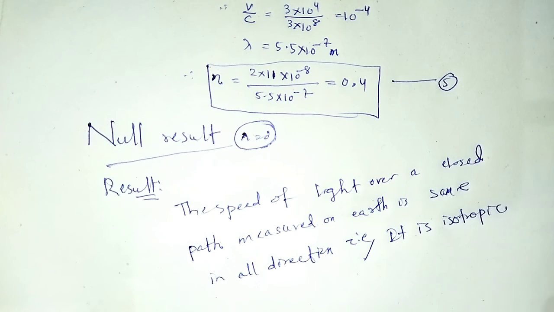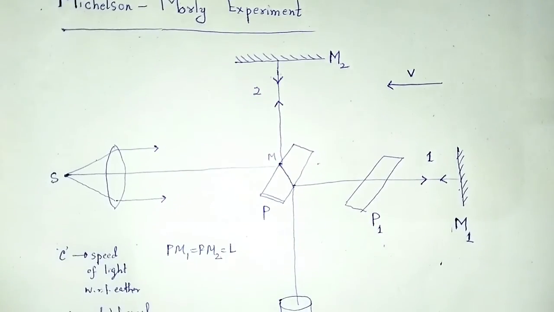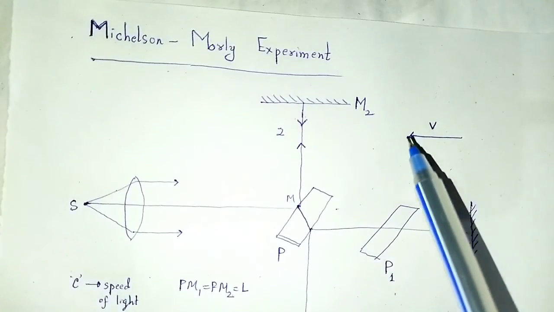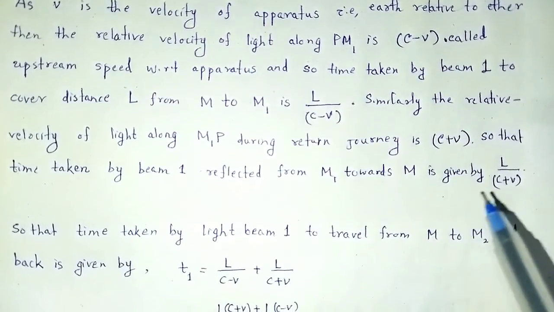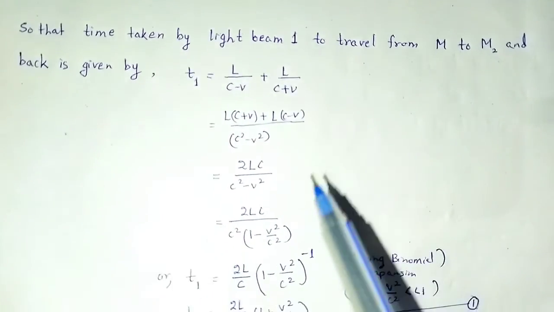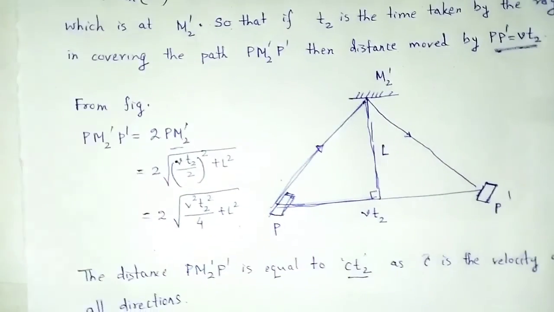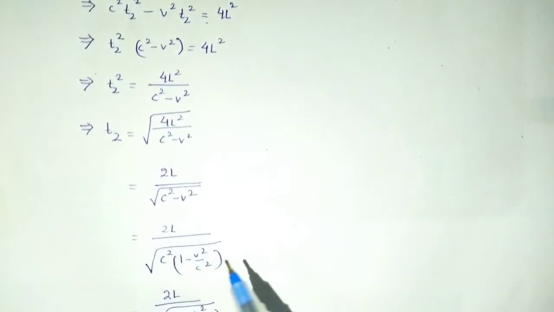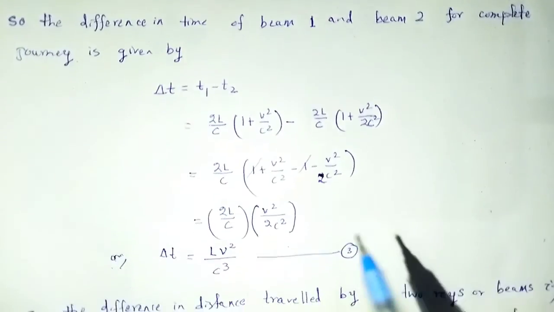So, with the help of this video lecture, we understand what the Michelson-Morley experiment is, the apparatus, what C and V are, and the concepts like the time taken T1, the time taken T2, then the difference in time.